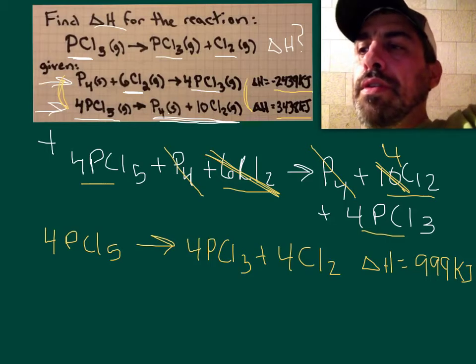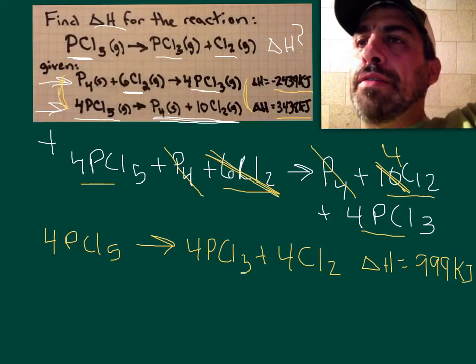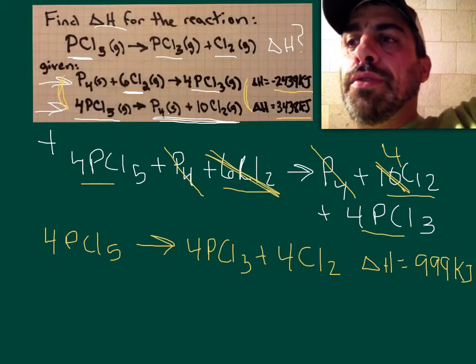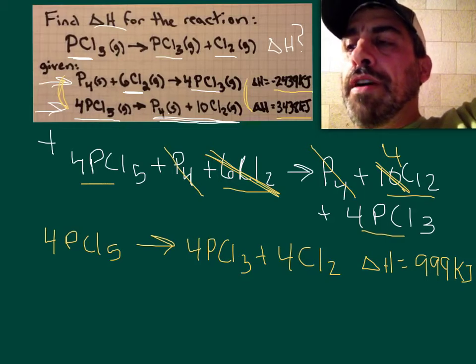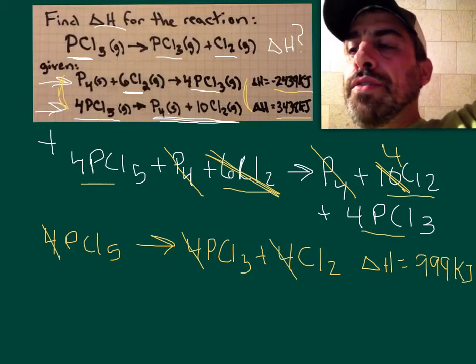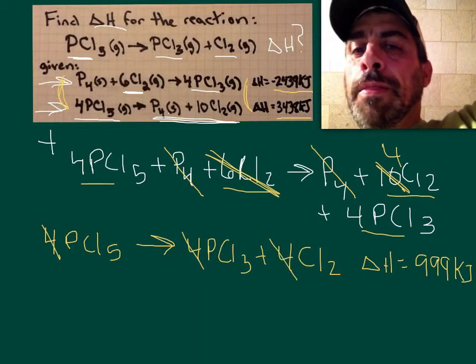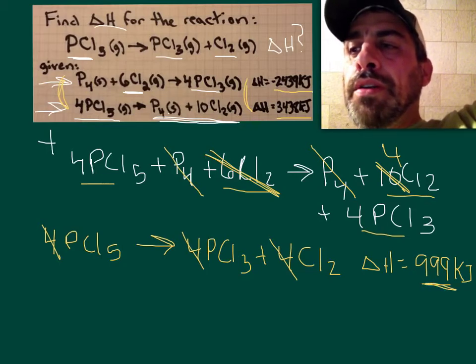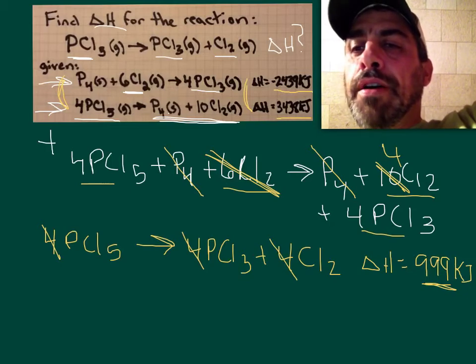Now, if we look back at the original reaction, we can see that this reaction is reduced to lowest terms. In other words, they've divided out the coefficients here, which we need to do as well. The 999 kilojoule enthalpy change was for the decomposition of 4 moles of PCl5.